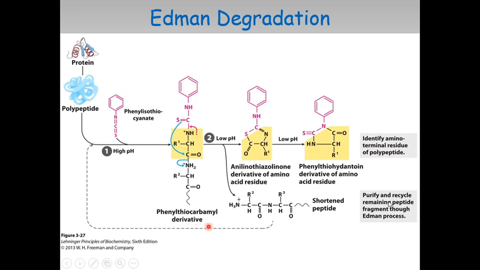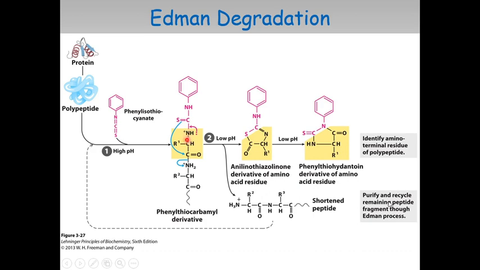Now, this phenyl thiocarbamoyl adduct or PTC adduct is then cleaved in a step carried out in anhydrous trifluoroacetic acid. And when you add trifluoroacetic acid, the pH drops. And what happens is that there's a rearrangement of these atoms.